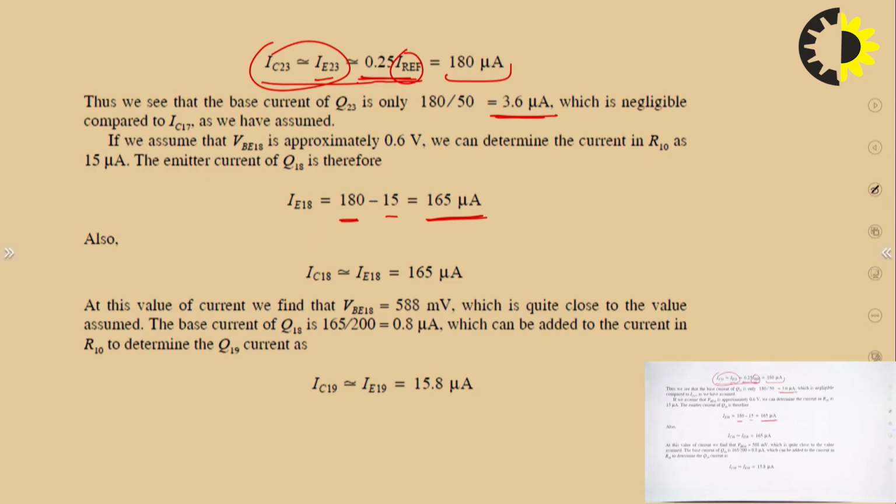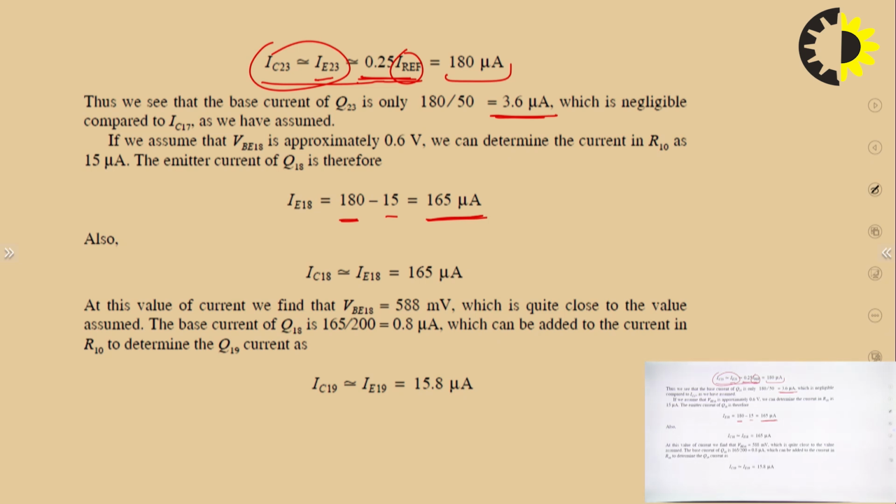IC18 and IE18 are nearly equal, so it is also 165 microampere. We can find that VBE18 is 588 millivolt, which is quite close to the value we used to assume.